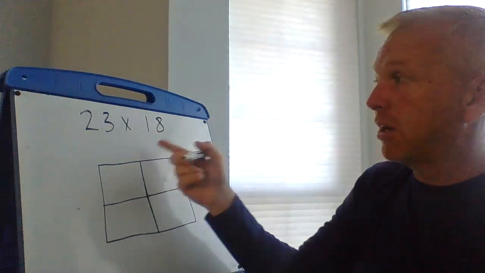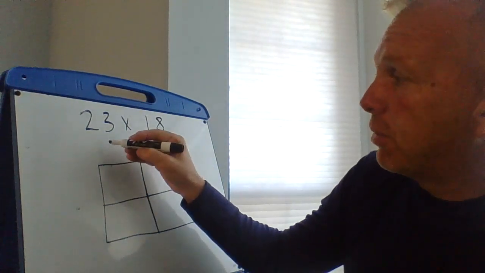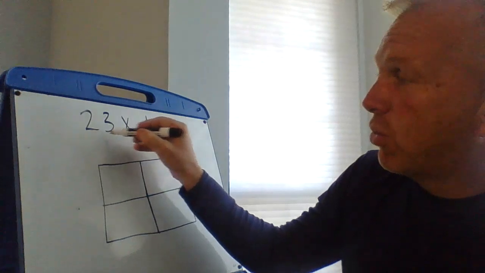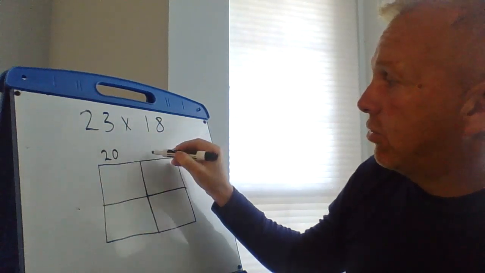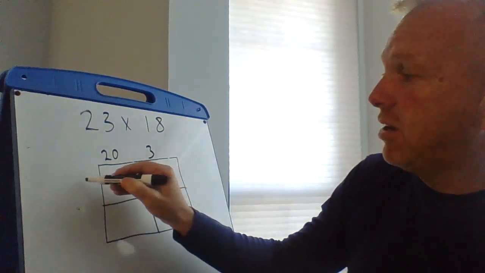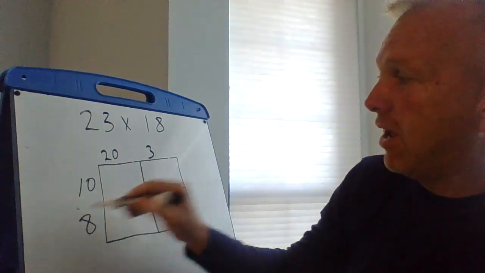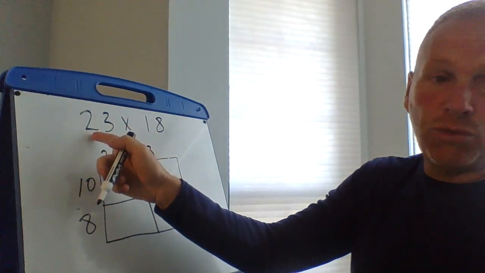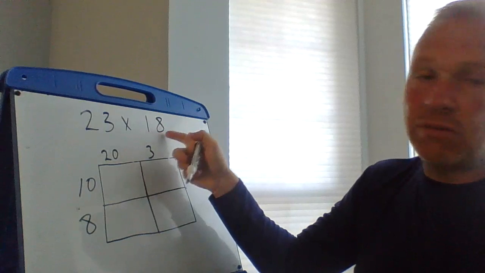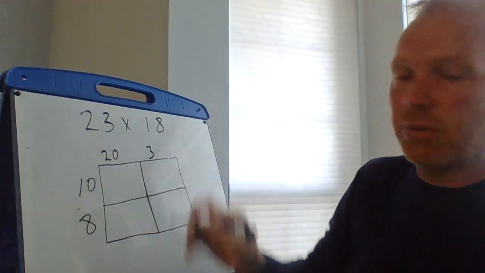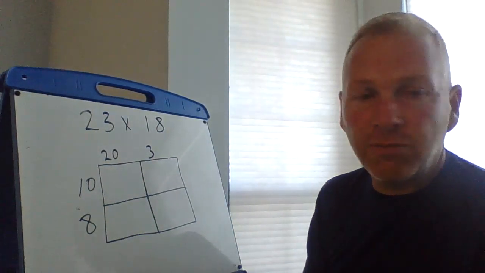So I'm going to put the big number on top. So I'm going to decompose 23, 18: 10 and 8. So 2 10s, 3 1s, 1 10, 8 1s. So that's how we break apart in what we call expanded form.